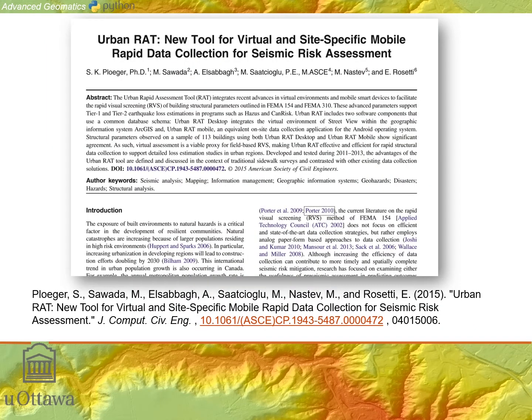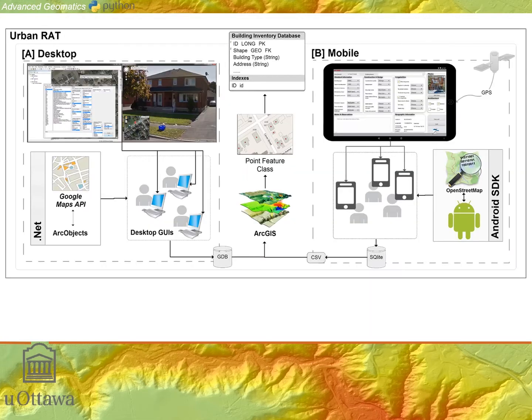And so here's an example that I built for rapid site assessment of buildings. So this is all again done in .NET. It's called UrbanRat, the Urban Rapid Assessment Tool. And it is using these types of components.